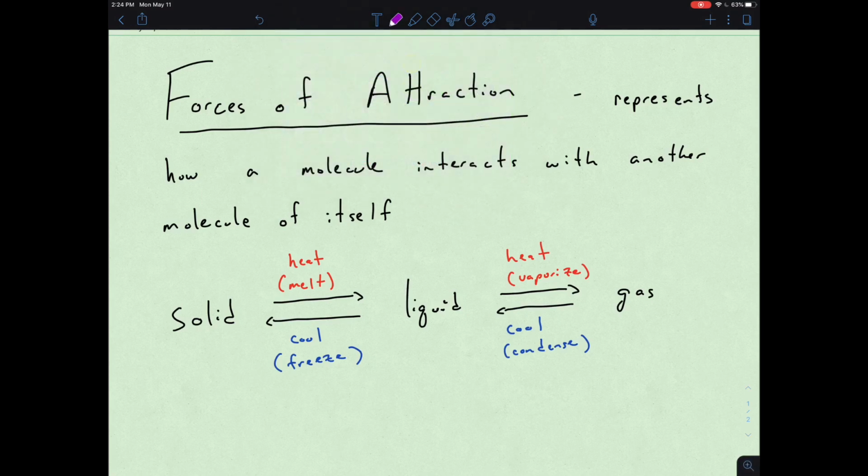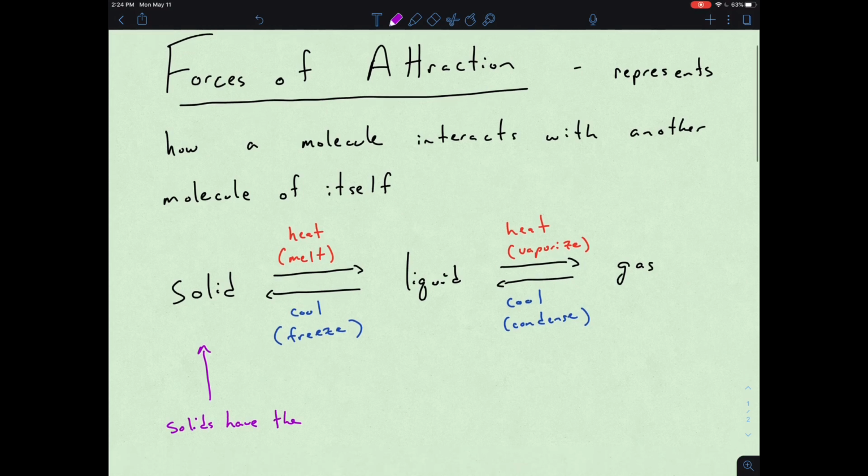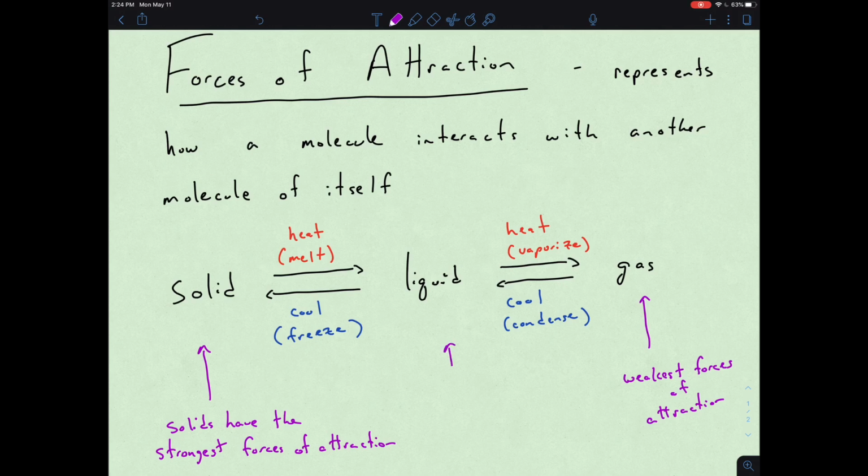In terms of forces of attraction, solids have the strongest. Gases have the weakest. And liquids are basically in the middle.